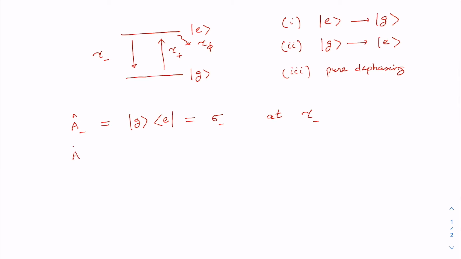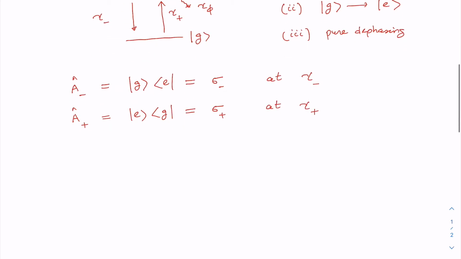And then we have the absorption process a plus, where we are going from the ground state to the excited state, and this is the atomic raising operator, happening at the rate gamma plus. And finally, we have the pure dephasing process, where the relaxation operator goes from the excited state to the excited state, with a prefactor of square root 2, happening at the rate gamma phi.